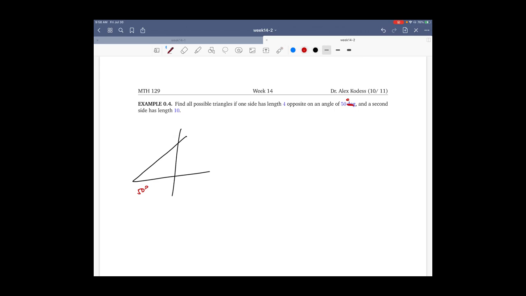So this side is 4, and some other side is 10. Again, it doesn't matter how this happens. Maybe like this. This side is 4, this is 50 degrees.